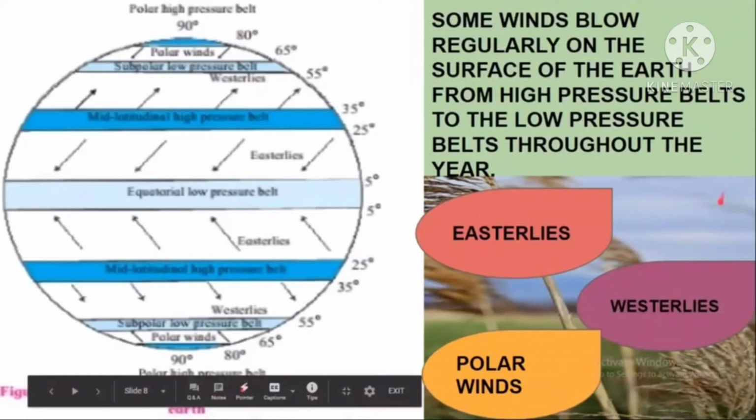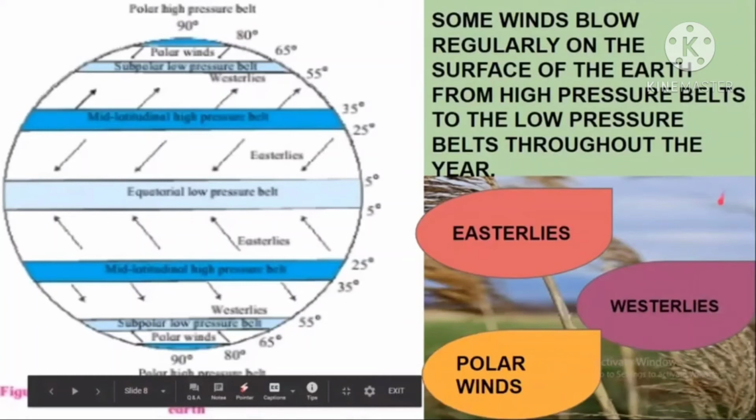Children, let us try to answer some of the questions given on page 22 in your textbook by observing the diagram of figure 5.3. First question. Which are the winds in the northern hemisphere that blow from the mid-latitudinal high pressure belts to the equatorial low pressure belts?